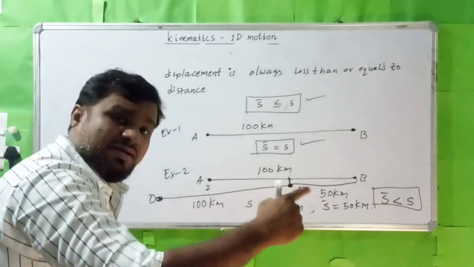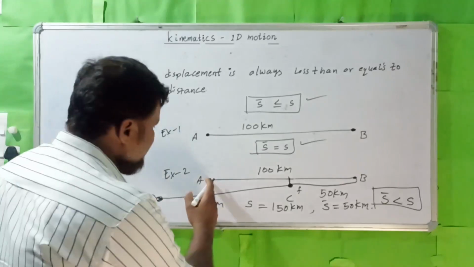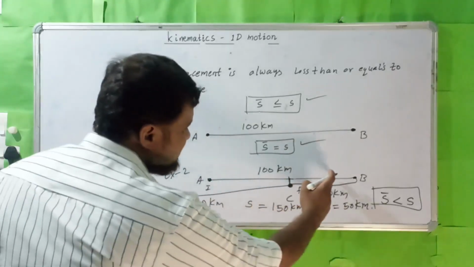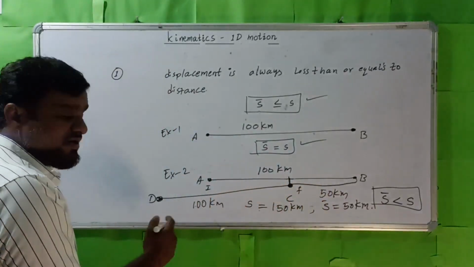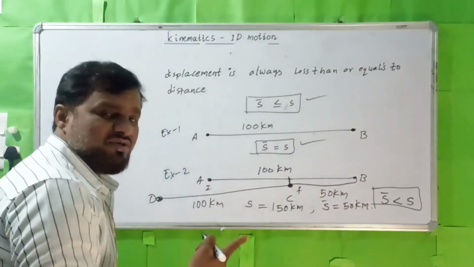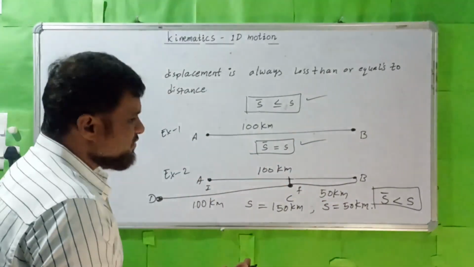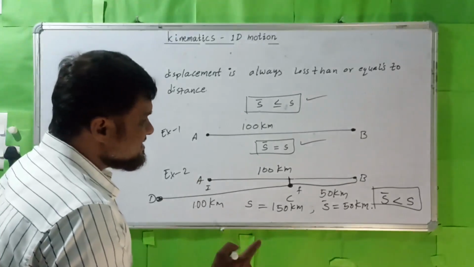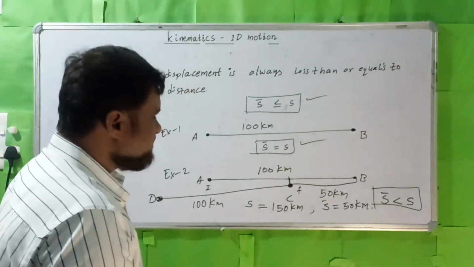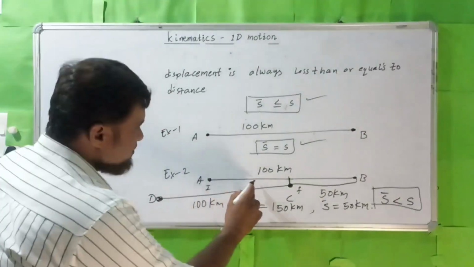Distance increases every time. For a moving object, distance keeps increasing, but coming to displacement, it may be zero or negative. But distance cannot be zero, it still keeps increasing.